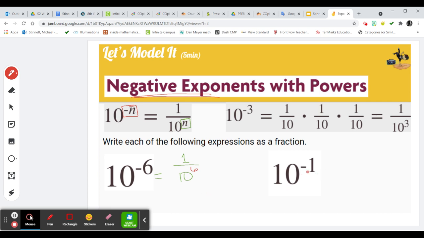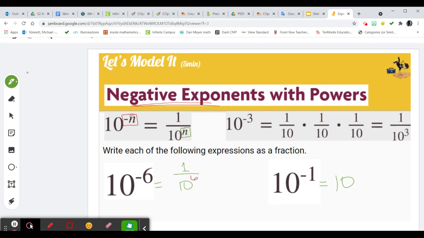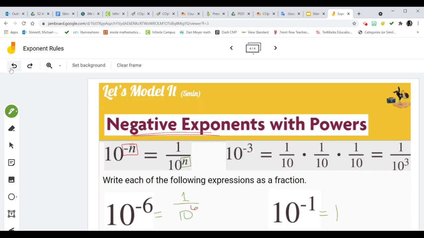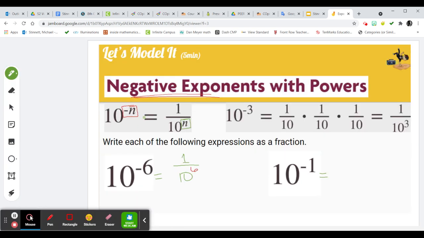And then here again, I should have switched those colors. It's going to be 1 over 10 to the positive 1 power.